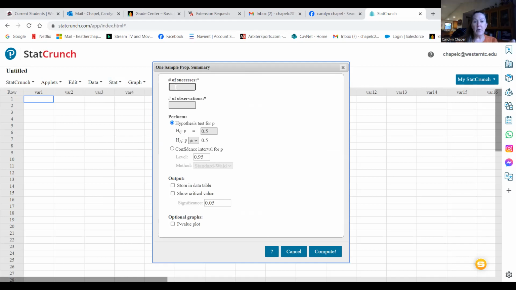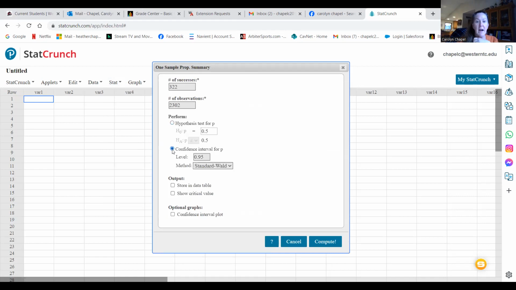Now, this is where we could put all of the information. So the number of successes, which was our 322, out of our 2302, make sure I read my numbers correctly. We're not doing a hypothesis test. That's coming in chapter 10, but we're doing a confidence interval.